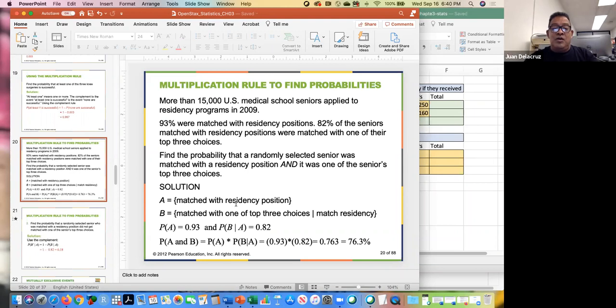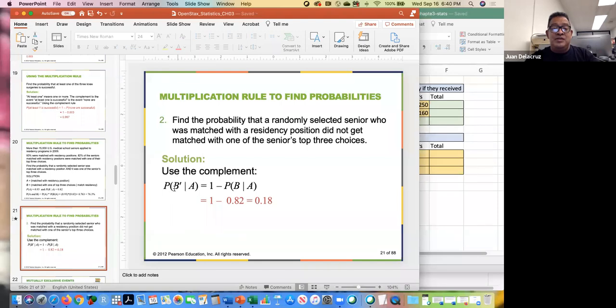So the complement of the conditional is going to be 1 minus the conditional probability. So 18% of the people did not, so they were matched to another school.